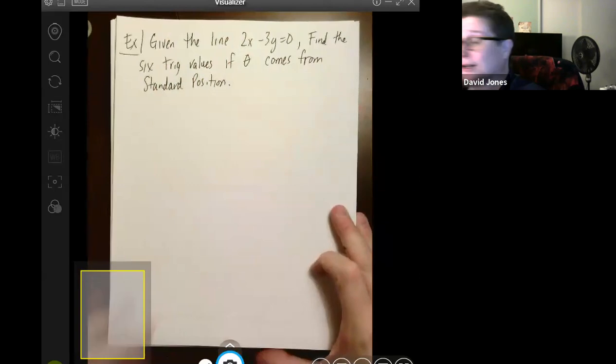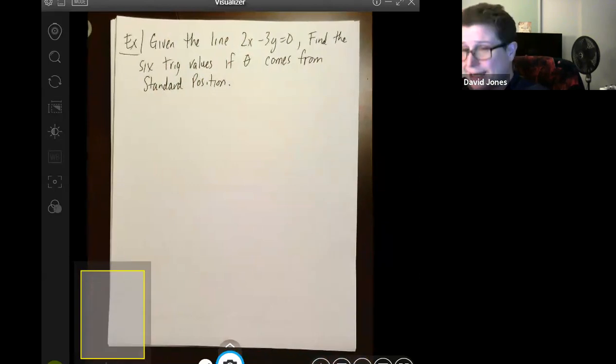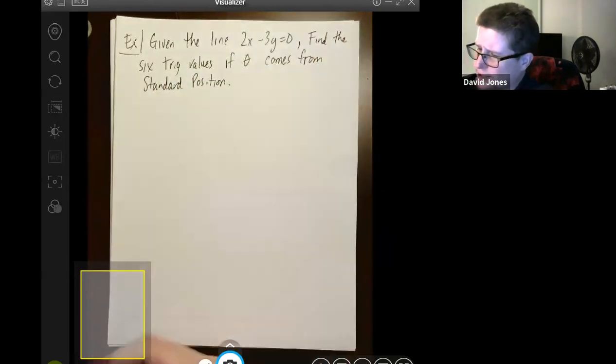This is a little bit more challenging. We need to graph that line. We need a picture, so we need to graph it.